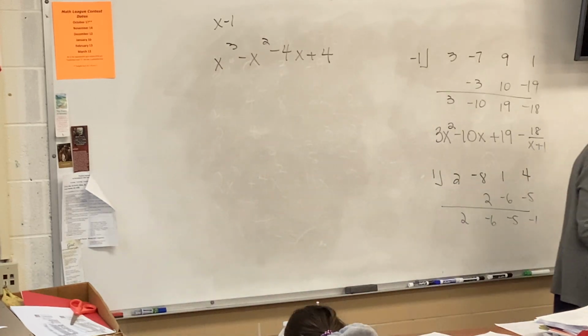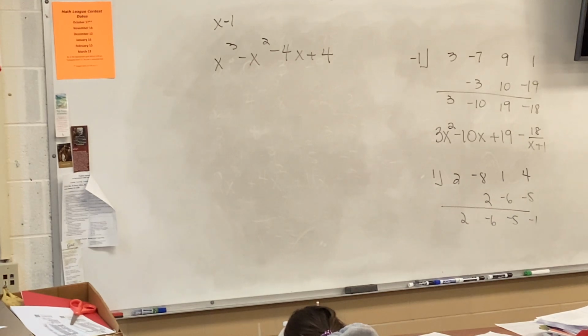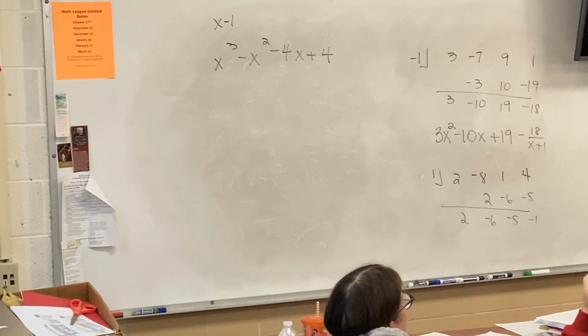How could we tell? We just plug in the positive one and then just solve it. You mean divide? Yeah. What should happen? If it's a factor, what will happen when I do that division? I should have a remainder of 0, no remainder at all.